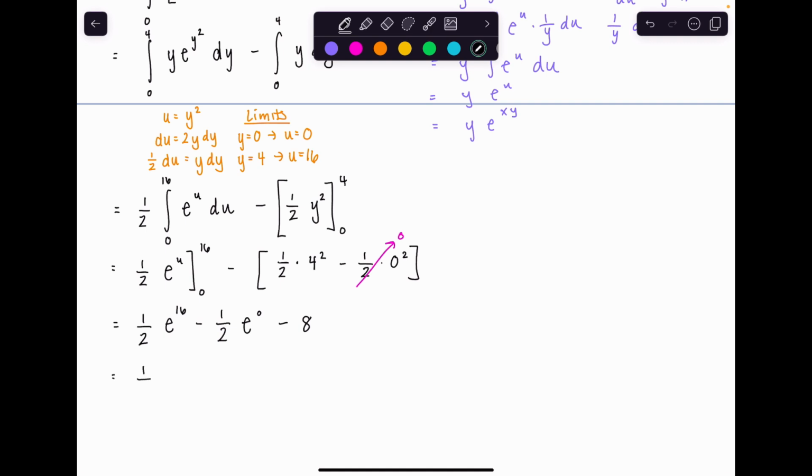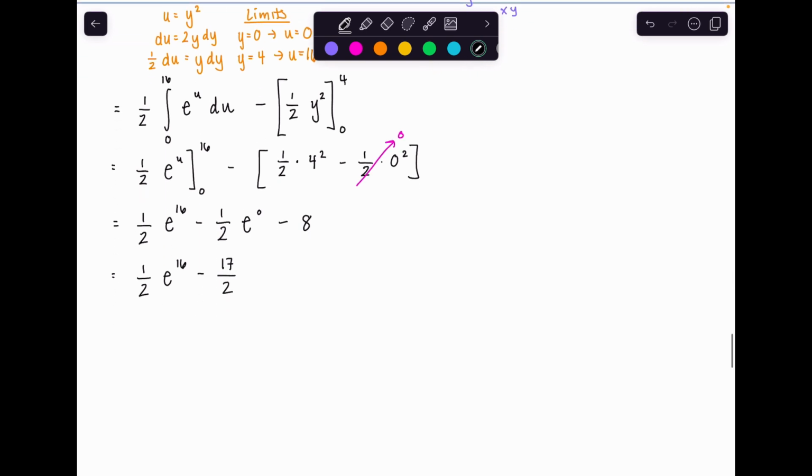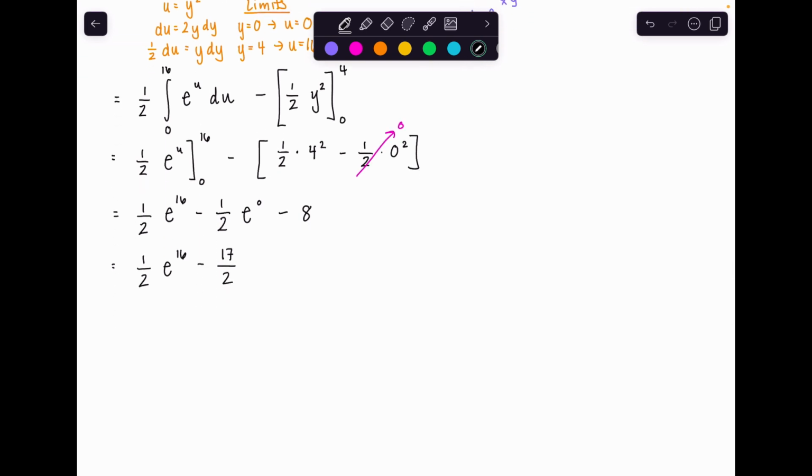So if you want this fully simplified, that would combine to negative 17 over 2. Okay. So be very careful writing these. Also make sure you are showing all of your work. You can't just take a bunch of steps. You've got to draw the region of integration to be able to set up the bounds appropriately.